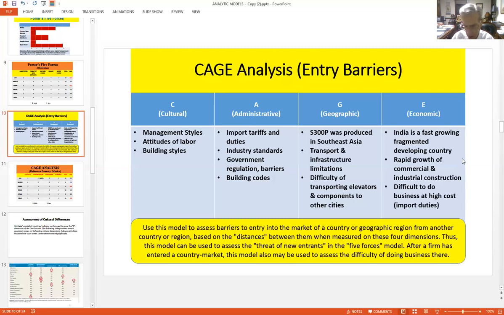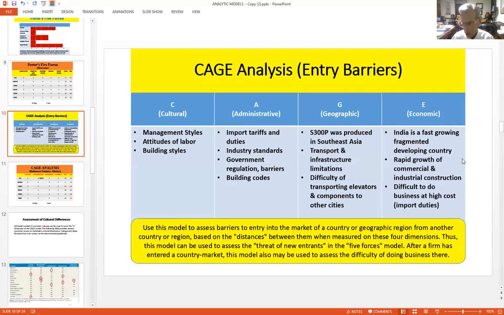So you couldn't build an elevator box in one city and transport it on a truck to another city. By the time it got there, it would just be sheet metal, scrap. The roadways are just not very smooth. So Schindler, the company that was analyzed here, had to figure out how to assemble these products by shipping kits to locations throughout the country, and then assembling and installing them locally.